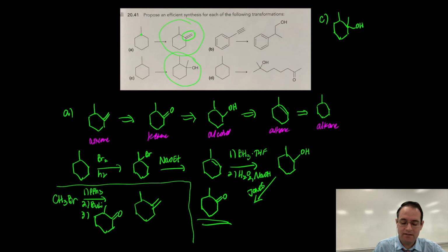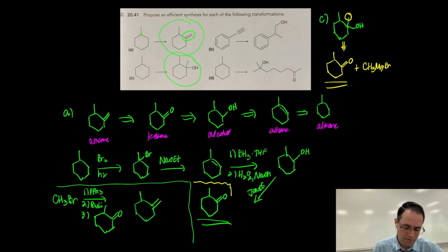I need to realize that that's a methyl group, and I can synthesize that from this ketone and a methyl Grignard. Okay, how do I make that ketone? Well, I've already made it in problem A, so the textbook is kind of being very generous for me. If I figured out all of that, then I could just do the last step.